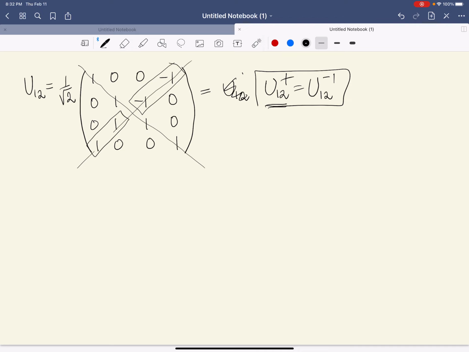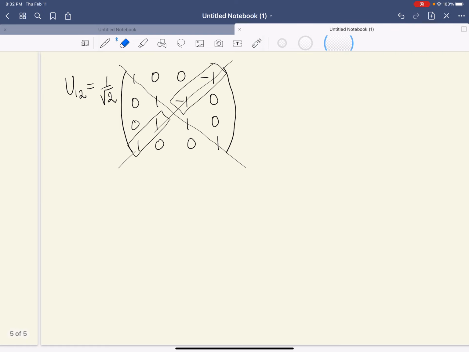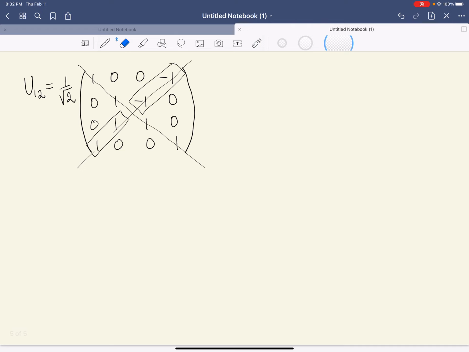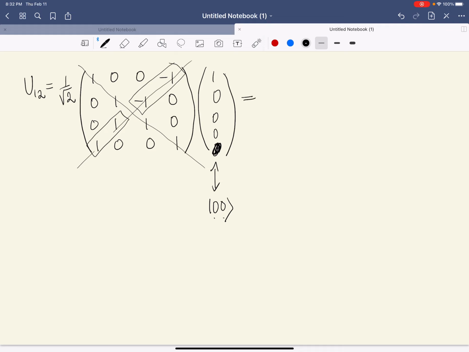With this matrix, now what I can show is that if I multiply the column vector 1 0 0 0, and I mentioned that this vector corresponds to the quantum state with both of the qubits being in the state 0, the result of performing such a multiplication, as you can easily check, is 1 0 0 1.